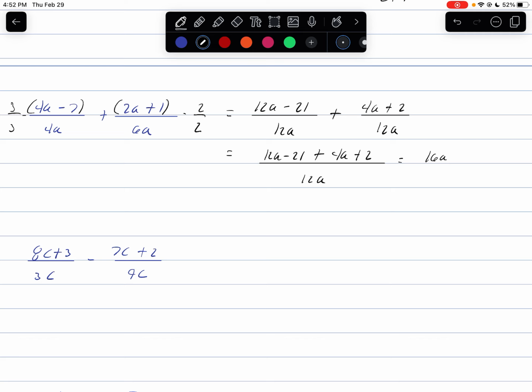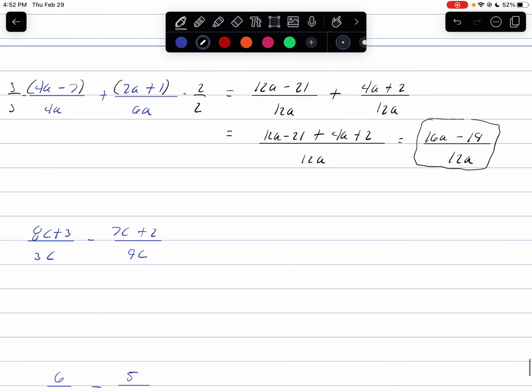And then negative 21 plus 2 gives us negative 19, so minus 19. And this is all over 12a. And I think that's about as much as you can simplify this, okay? We can't factor anything out of the numerator that would allow us to cancel anything in the denominator, so we are going to say that's fully simplified.